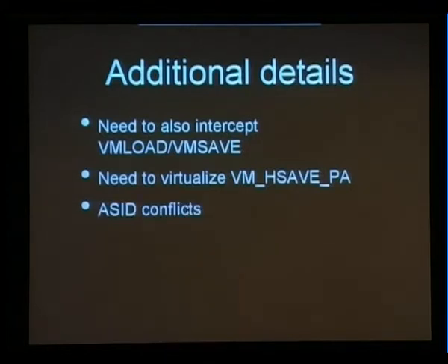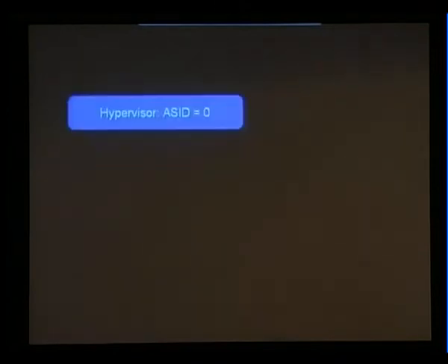Also, it's a good idea to virtualize the host save area physical address, because it should be modified by the nested hypervisor, but we cannot change this value on the real machine, because there is no stack for these physical addresses. So we have to store each of them and then substitute this value in the intercept handler for the host save area machine-specific register.